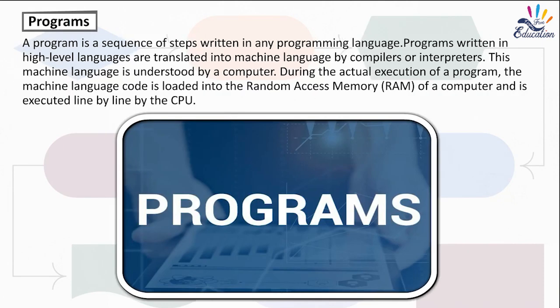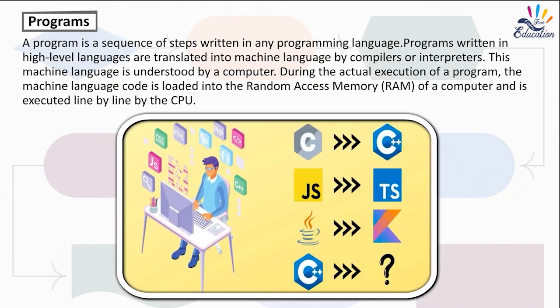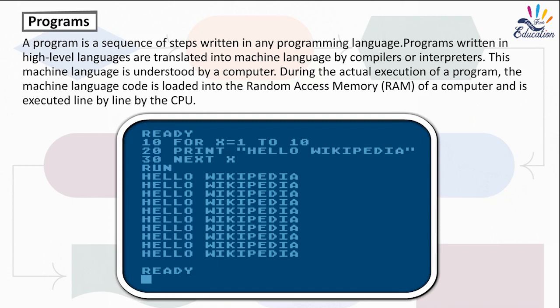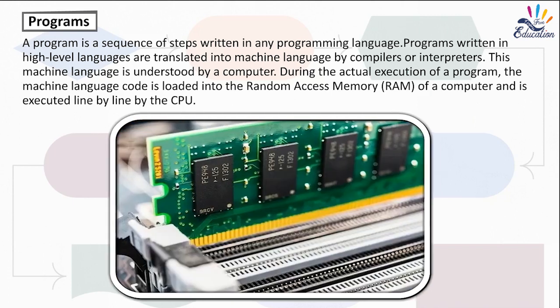Programs. A program is a sequence of steps written in any programming language. Programs written in high-level languages are translated into machine language by compilers or interpreters. This machine language is understood by a computer.